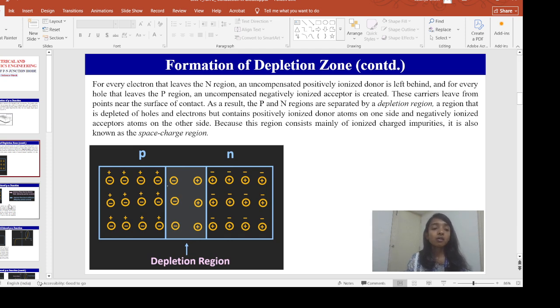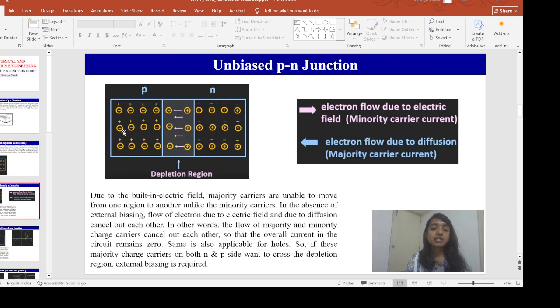This is the situation I explained in the case of the unbiased PN junction: this barrier is getting formed, and when I want these electrons to cross from N to P, I need to apply some voltage, because a barrier is already created. Same for the holes. If they want to diffuse from P side to N side, then we need to apply a barrier potential.